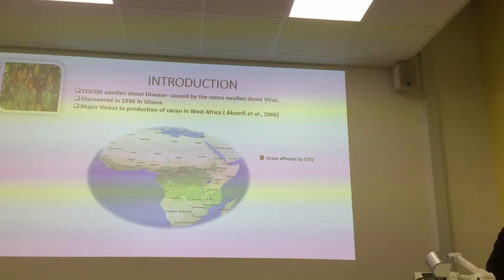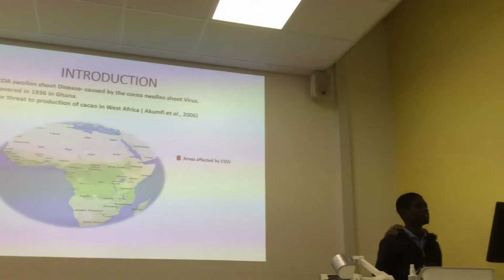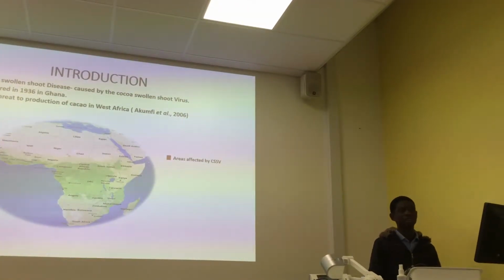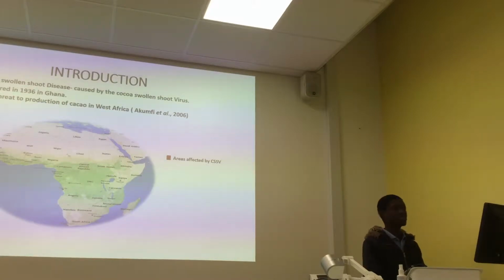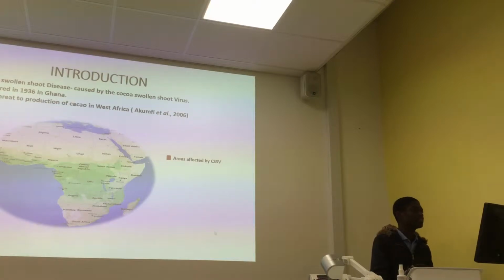To the introduction: the cocoa swollen shoot virus disease is caused by the cocoa swollen shoot virus. This disease was first discovered in Ghana in 1936, and it's a major threat to the production of cocoa in West Africa.